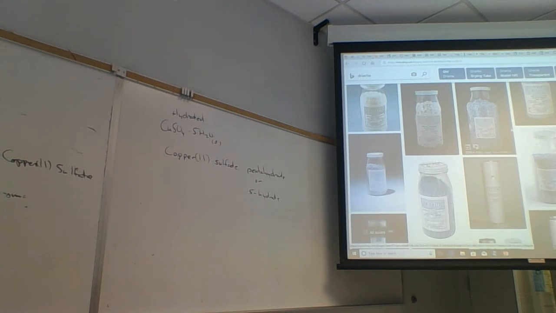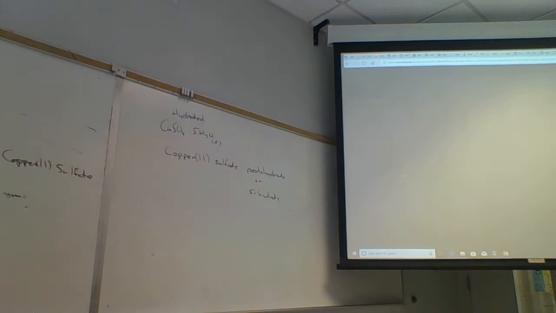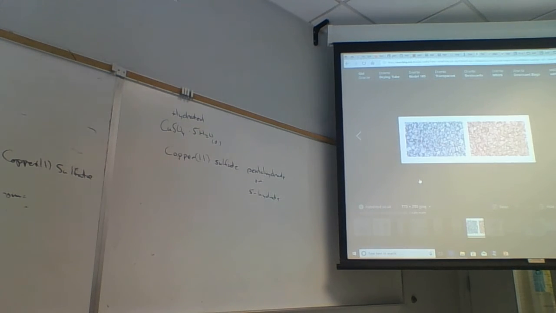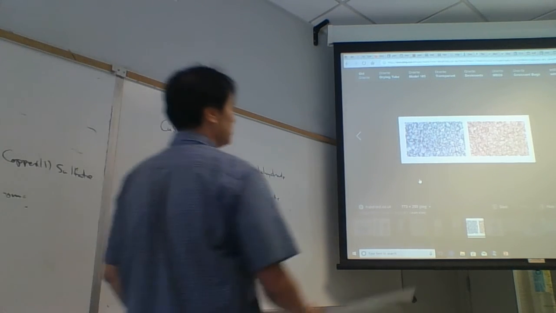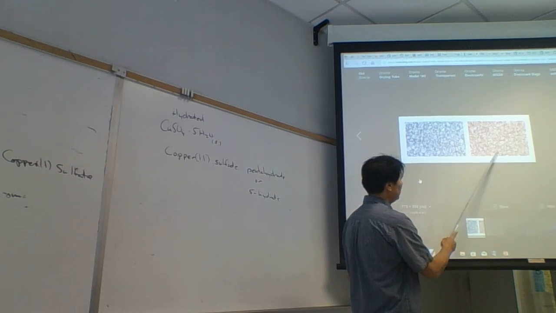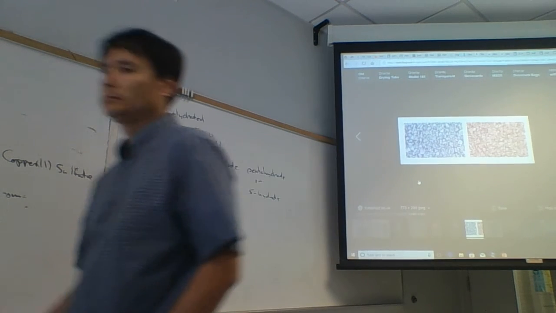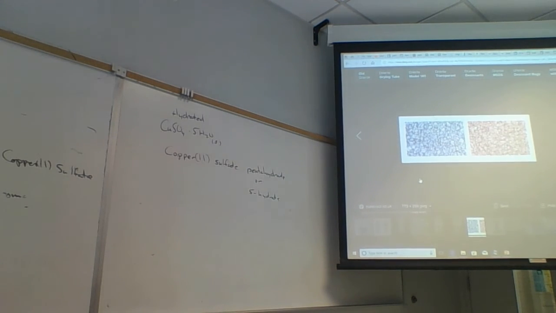Blue, blue, blue. Do you see this one over here? That's bad. Blue, blue. This is white, you can't tell the difference. This is anhydrous, this is hydrated. So heat it up, hydrated. There's lots.